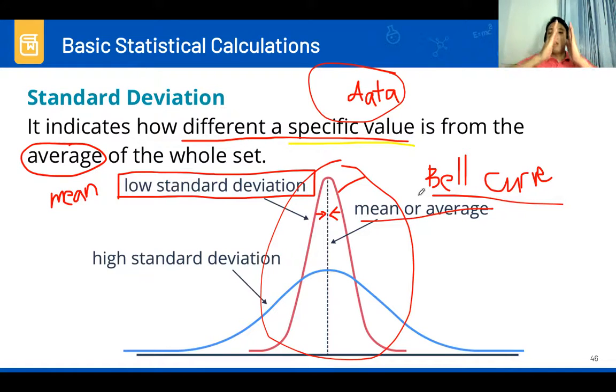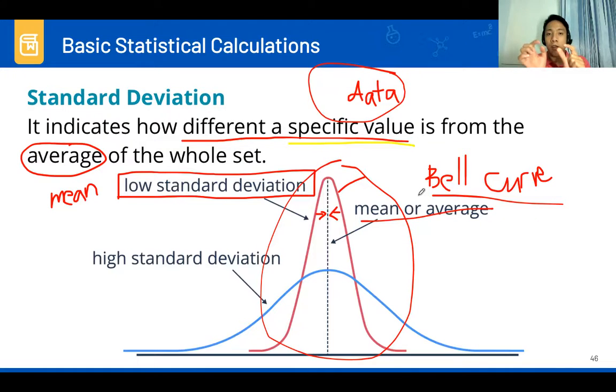At maiksi yung kanyang spaces, that is low standard deviation. Okay? Low, tandaan nyo low. Kapag umiikli, low.